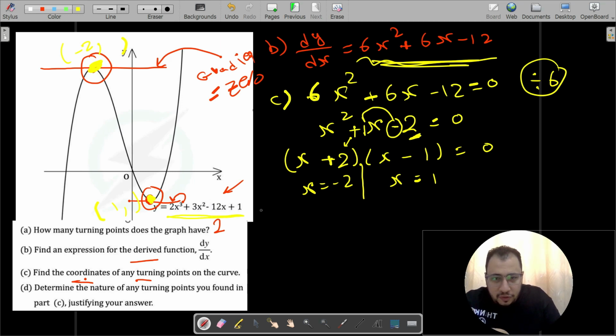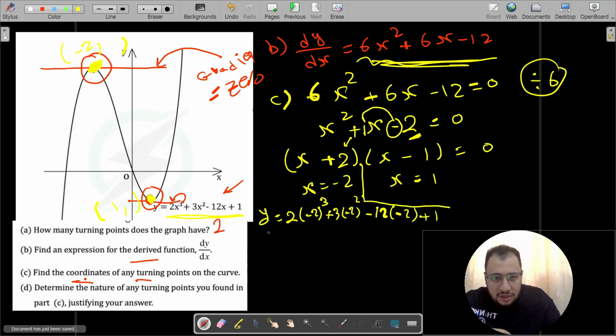So to get the value of y, y equals 2 multiplied by negative 2 power of 3, plus 3 multiplied by negative 2 power of 2, minus 12 multiplied by negative 2, plus 1. Remember, this is only when x equals negative 2.